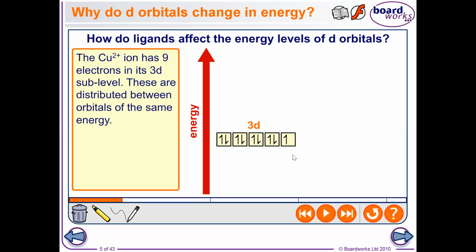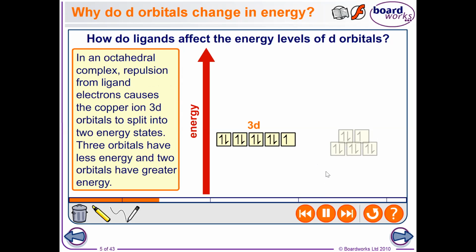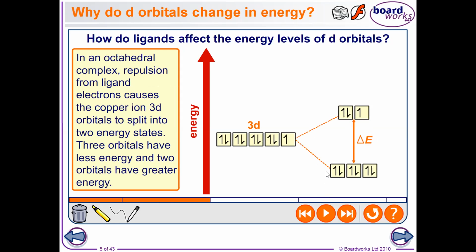We know the copper 2 plus ion has 9 electrons in its 3d sublevel, distributed in orbitals of the same energy. We know that already. In an octahedral complex, the repulsion from the ligand electrons causes the copper ion's 3d orbitals to split into two.